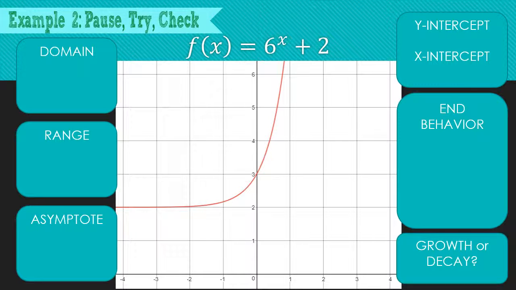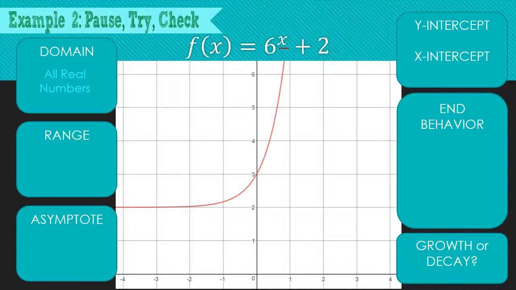We're going to analyze the graph the same way we did the first one. Domain, remember, we can plug in any value we want for x, so my domain is all real numbers. But my range is limited by my asymptote. Where do the y values stop?